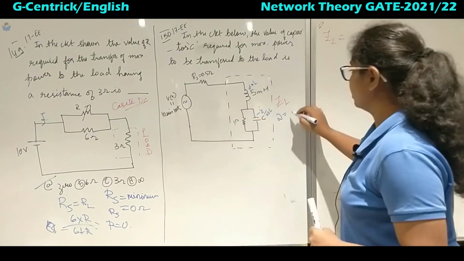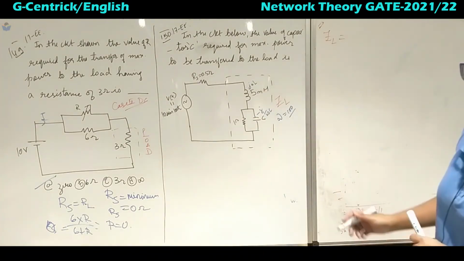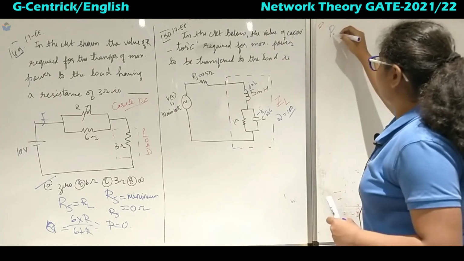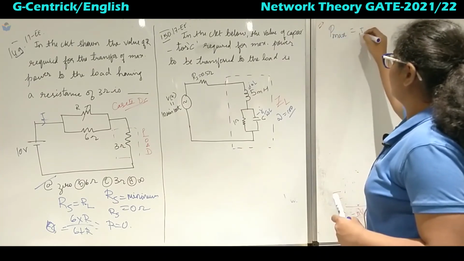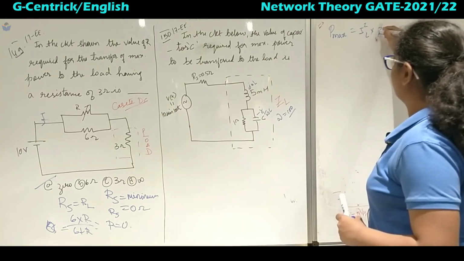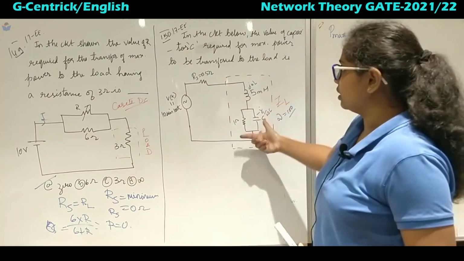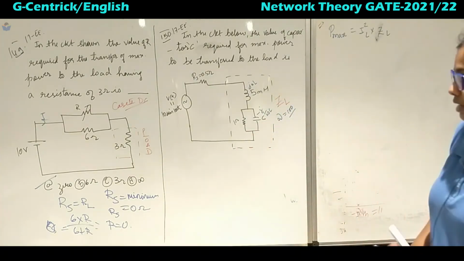Here it is 100. Okay, so we will substitute once we solve the equation. Now P max in this case will be I square L into ZL, right? But what we have to find? We have to find the value of C when the power transferred in this case is maximum, right?